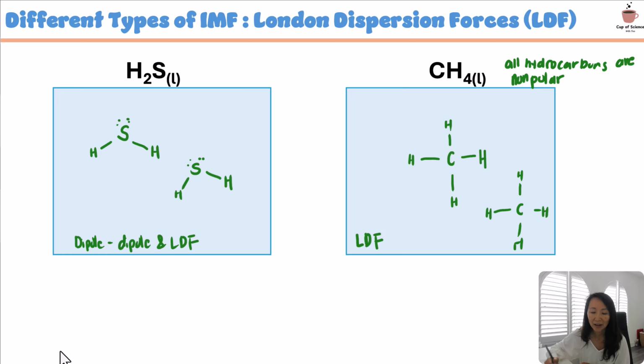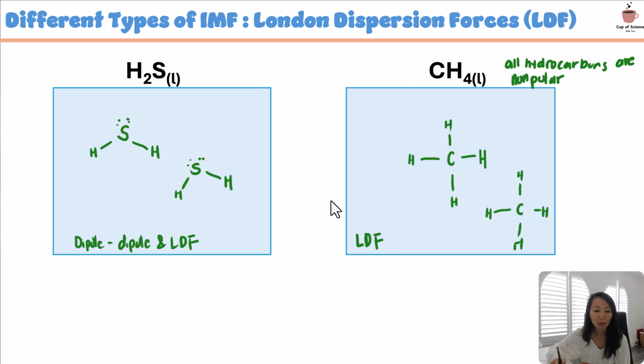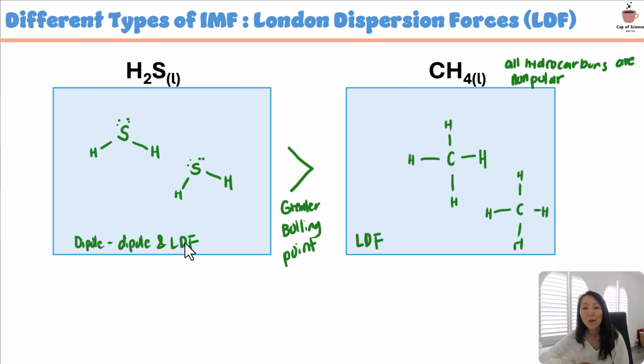Now comparing these two, can you tell which might have a greater boiling point? Hopefully you were able to say H2S has the greater boiling point. Something with London dispersion forces only will have a lower boiling point. Something that has dipole-dipole and London dispersion forces will have a greater boiling point.